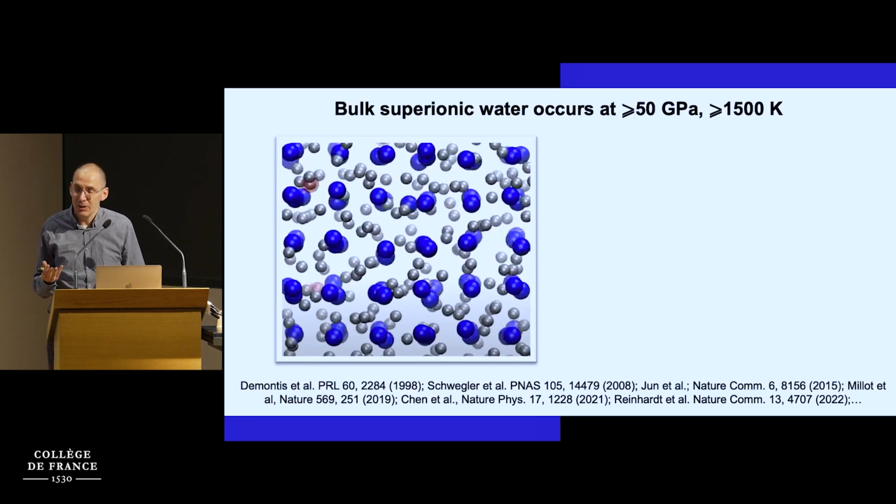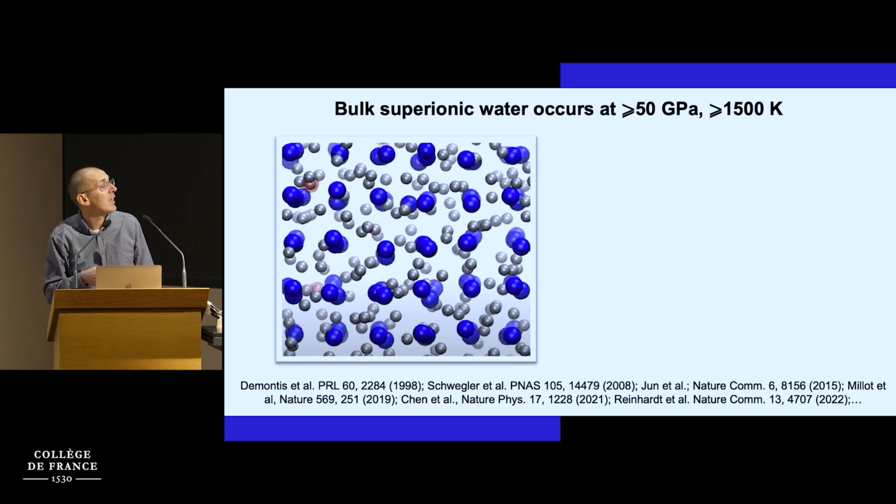The second interesting state is the superionic state that I said is starting to form at about 4 GPa and 400 Kelvin. Superionic states of water are known, and they were first predicted computationally before they were observed experimentally.